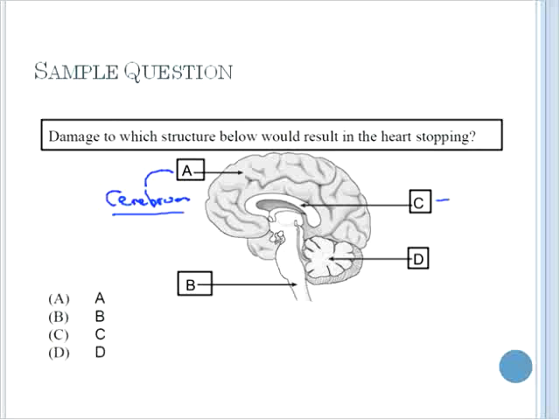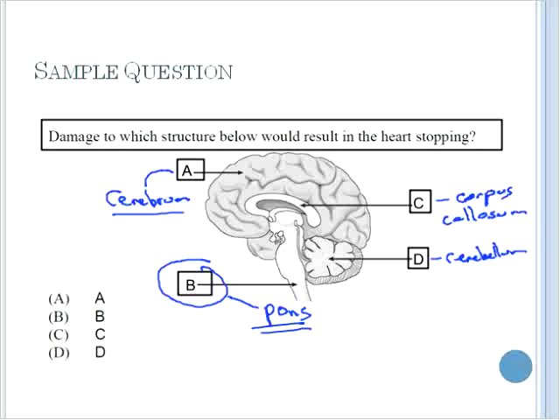C, the corpus callosum, controls communication of information between the left and right hemispheres. D, the cerebellum, controls balance and coordination. The correct answer is B. It is pointing to the pons. Damage to it would certainly cause an interruption and result in the heart stopping beating. So the answer indeed is B.